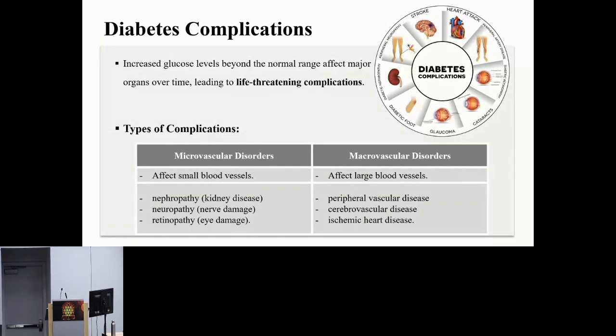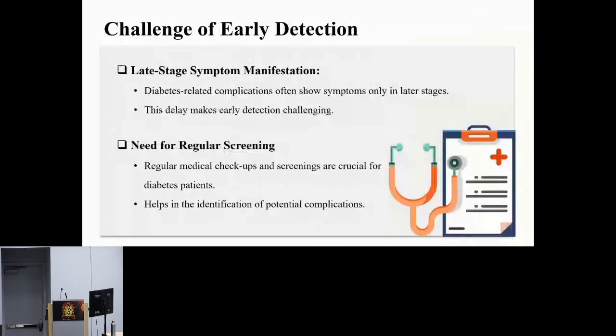On the other hand, macrovascular disorders damage large blood vessels and encompass peripheral vascular disease, cerebrovascular disease, and ischemic heart disease. Early detection of diabetes related complications usually poses a significant challenge, as symptoms often manifest only in later stages. Therefore, regular medical checkups and routine screening are crucial for patients with diabetes.